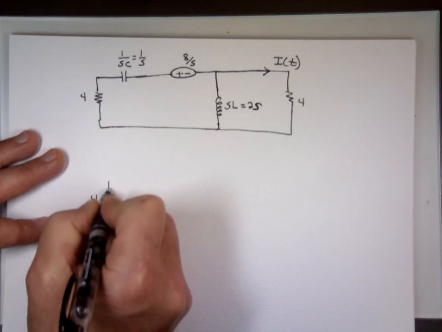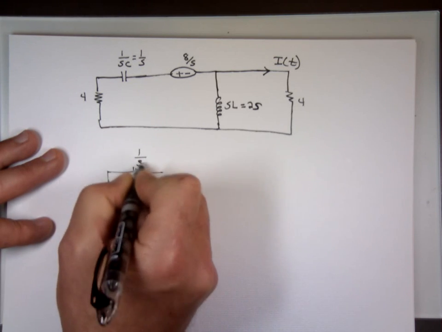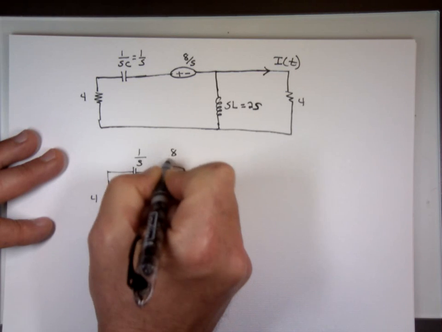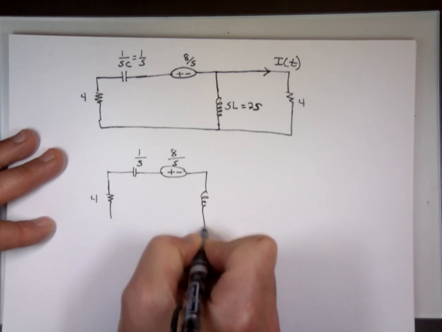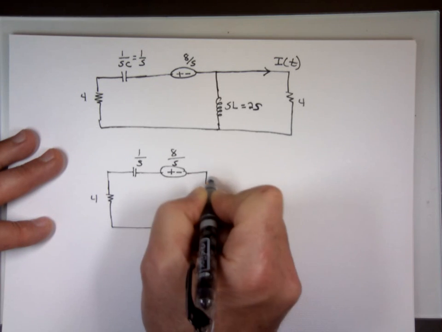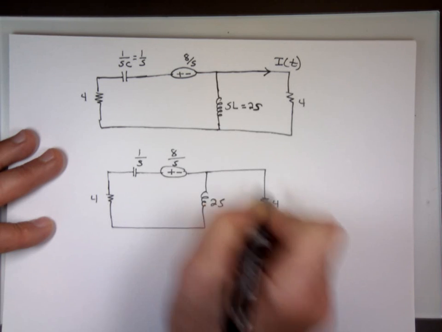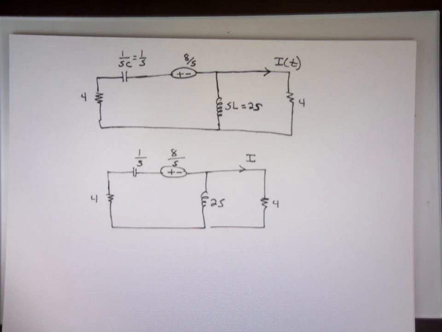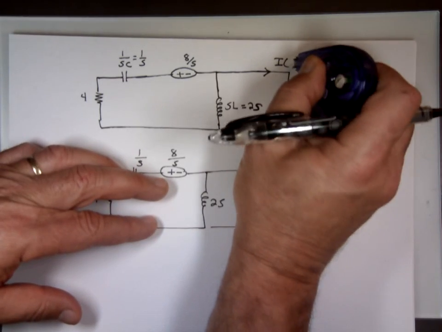4, 1 over S, 8 over S, 2S, and 4, and this is I. Actually it's not I sub t, it's I sub S here, because we switched into the S domain.